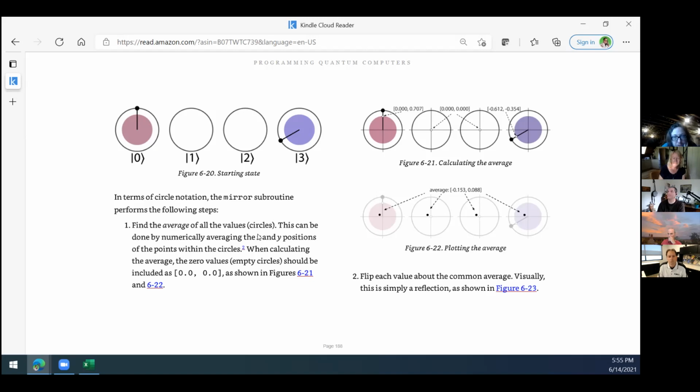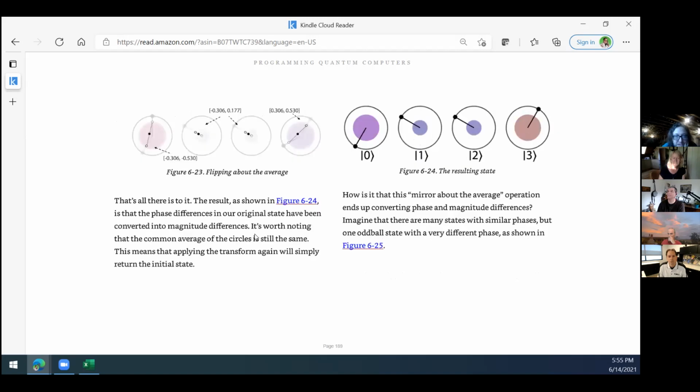All right, so on each of these qubits, we have plotted this point. Now, we're going to flip over this point. So on qubit 1, we see that it had phase 0, but now it has phase something else.